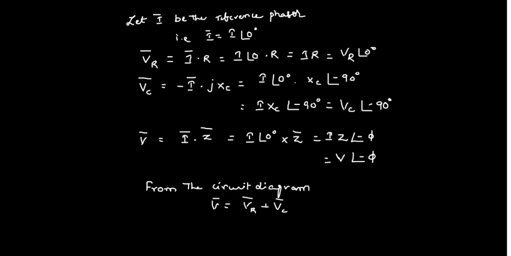So this is from the KVL from the circuit. Now from this equation we can write that, in the previous slide we have written V bar equals VR bar plus VC bar.